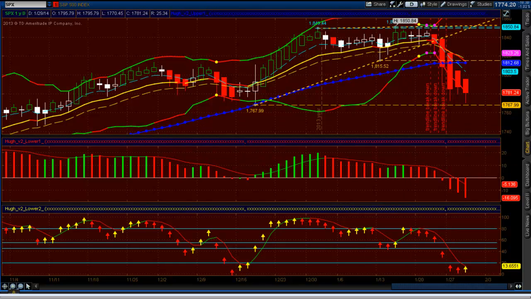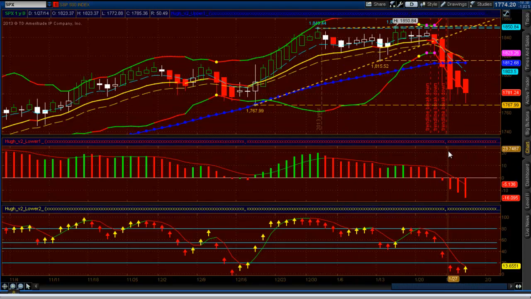So one thing, if you do have some good non-directional strategies that have a high probability of working, those strategies will be even more successful when you incorporate them with a directional trading model that is also a high-percentage model. So for example, we were looking at SPX, and right now we're coming down into this support zone at 1770.